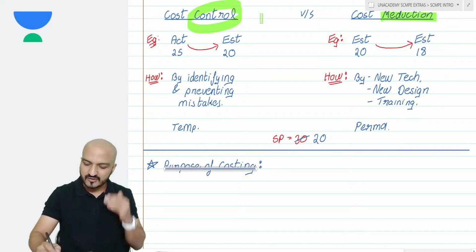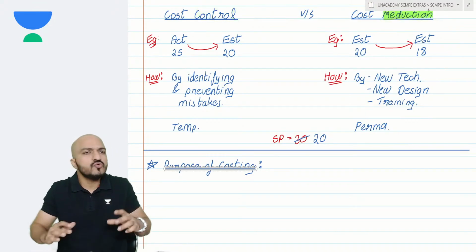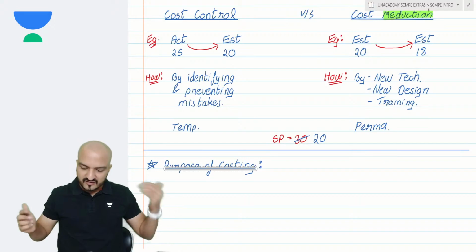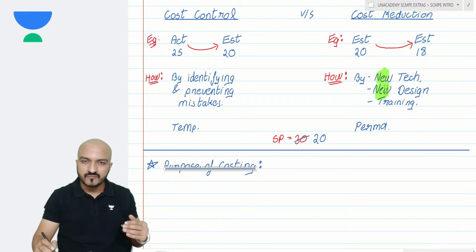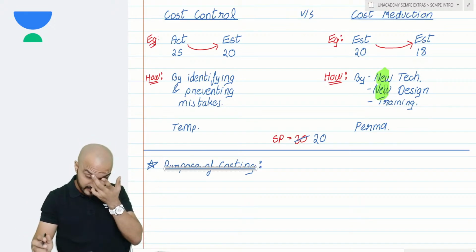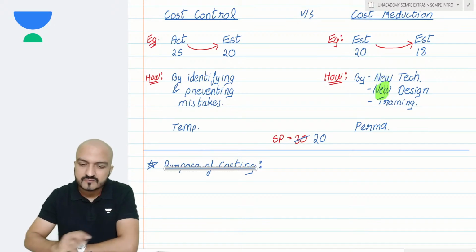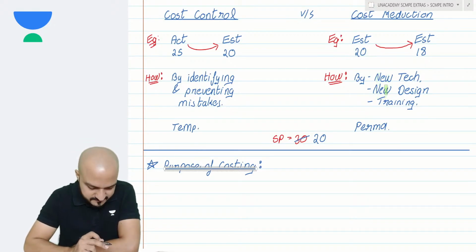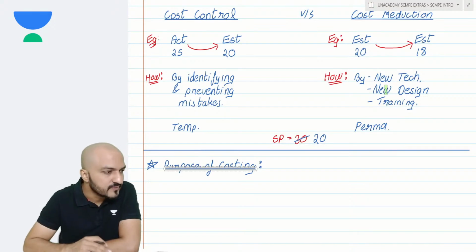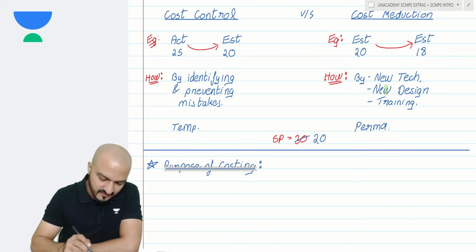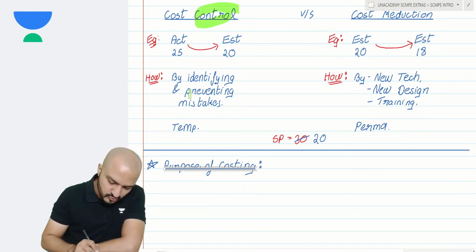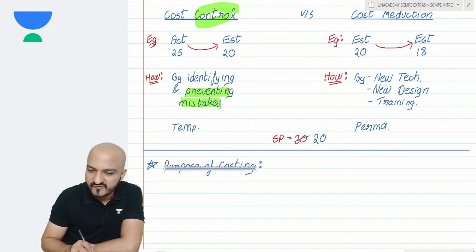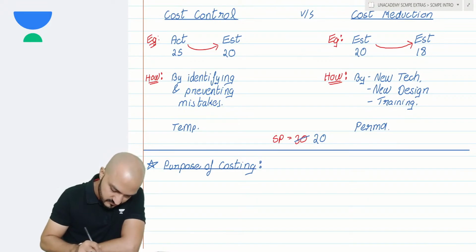Please understand, cost reduction will happen when you do something new, like new technology or new design or something else creative, right? I'll give you an example. There arises one question that cost control means to identify mistakes and prevent these mistakes. How do you identify and prevent mistakes?